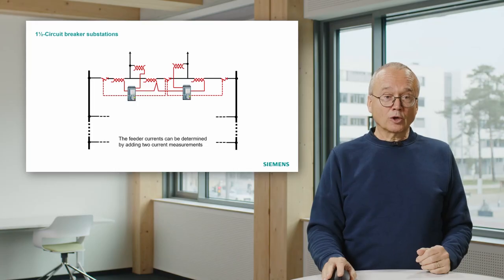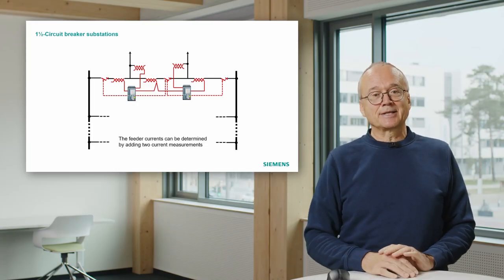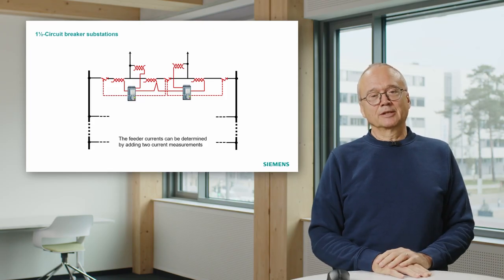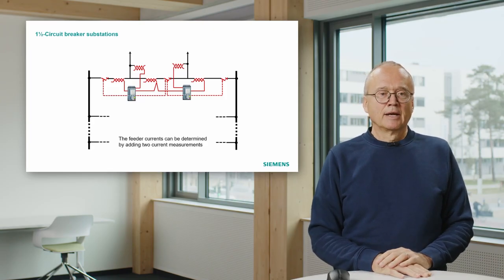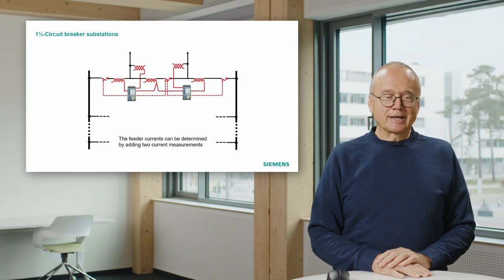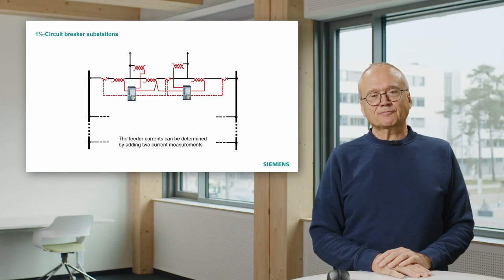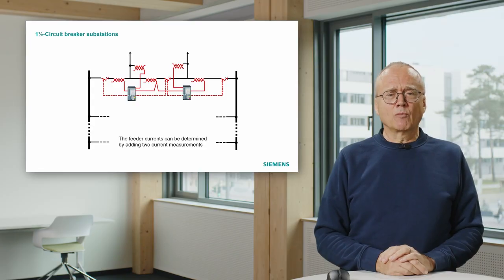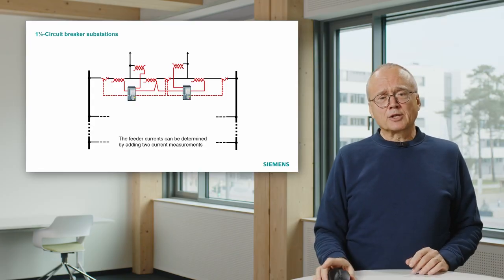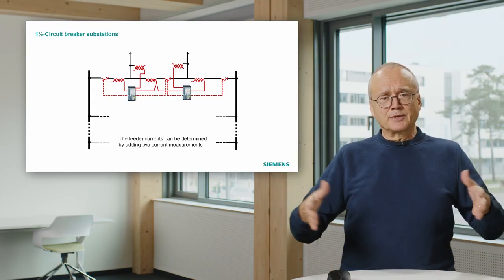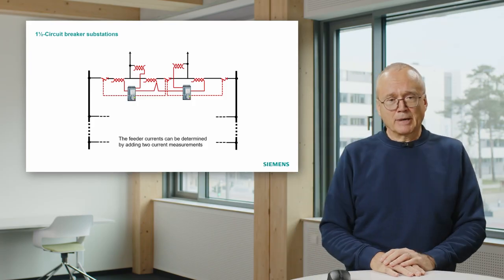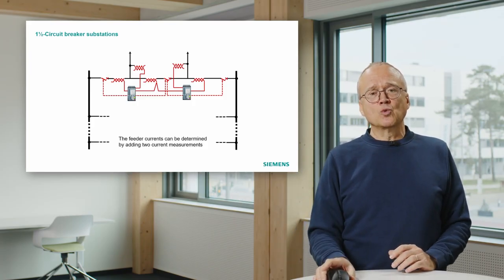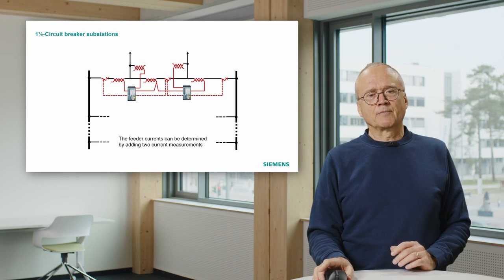What you also sometimes find is this arrangement, which is unfortunately a little bit more complicated. That is a so-called breaker and a half substation. It sounds a bit strange. Where do we have half a circuit breaker somewhere? What is the structure there? On both sides you see a bus bar, and to the top we have 2 outgoing feeders.